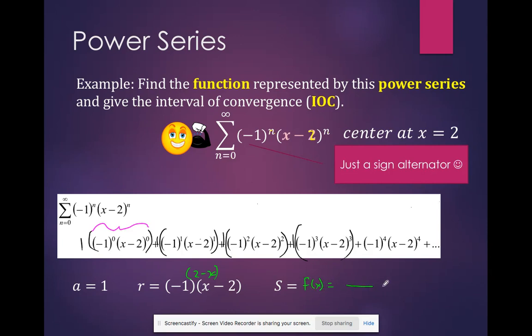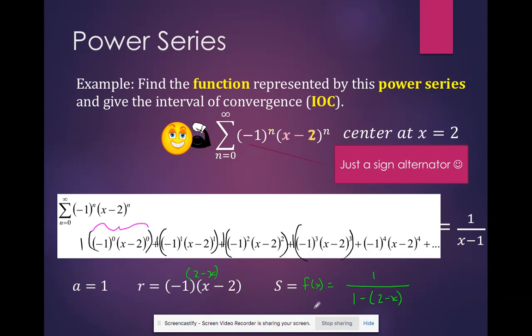It's the geo series a over 1 minus r. What is that? I have negative x, which is positive x, 1 minus 2, which is negative 1.